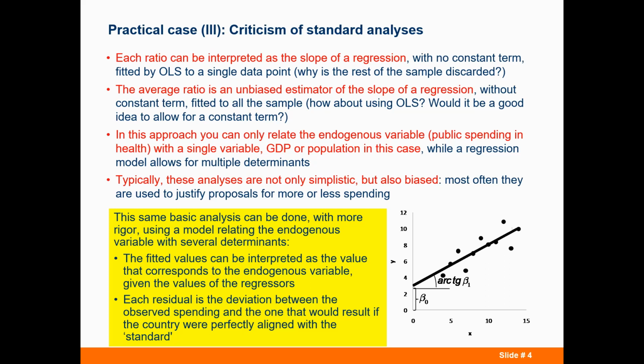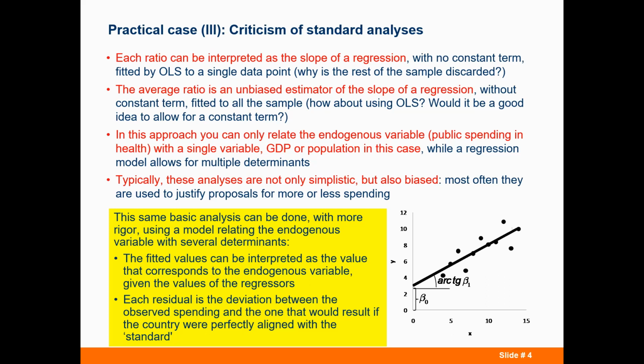Second, if you compute all the ratios and then average them, the resulting average ratio would be an unbiased estimator of the slope of a regression, considering in this case all the data points, but with no constant term. So what you are doing in the ratio analysis is actually performing a substandard regression.